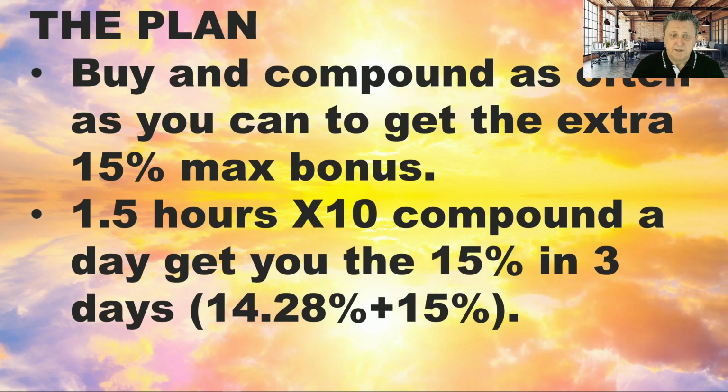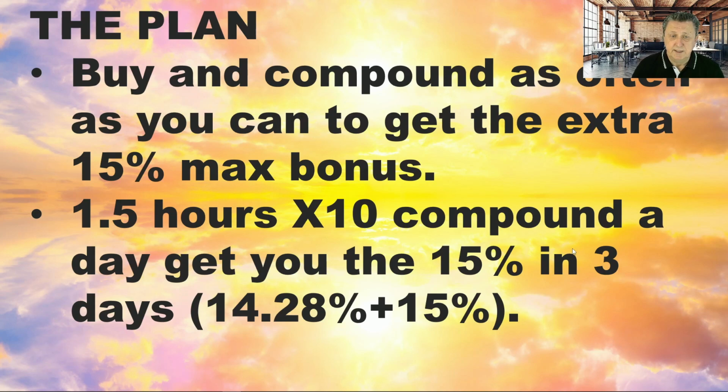So for the compounding itself, there's a cooldown time, as I explained before, 1.5 hours or 90 minutes. And in reasonable times, especially if you have your MetaMask on your phone, you can maybe do about 10 compounds a day. And then you'll get your 15% in about 3 days. So that's what should be possible.